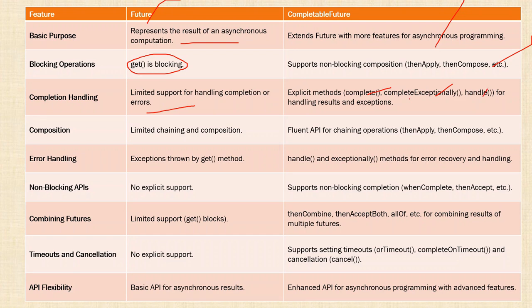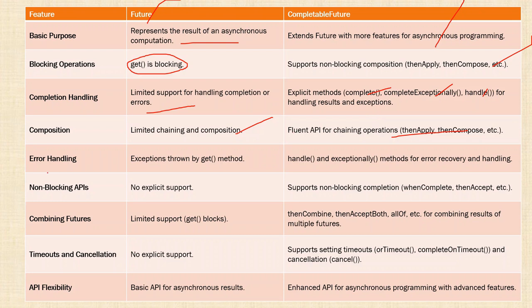We can use these methods to handle the result and exception. For composition, Future has limited chaining and composition. Just now we saw we have three to four methods in the Future interface, but we have various chaining methods in CompletableFuture for better asynchronous programming.